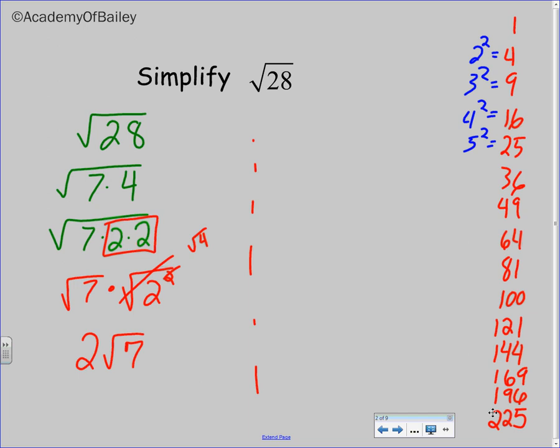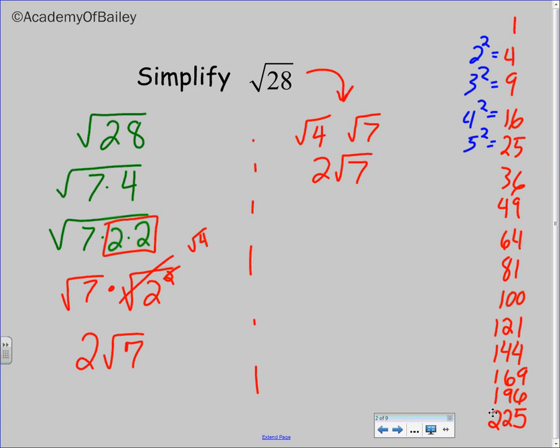If you have those memorized, which perfect square goes into 28? Square root of 4 does. So we're going to break down the square root of 4 times the square root of 7 to be this. And the square root of 4 is 2 times the square root of 7. Now, you have to have these perfect squares memorized. And even then sometimes that doesn't always work, because sometimes you work with numbers that you're not used to as being a perfect square.